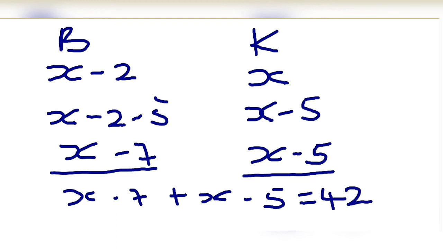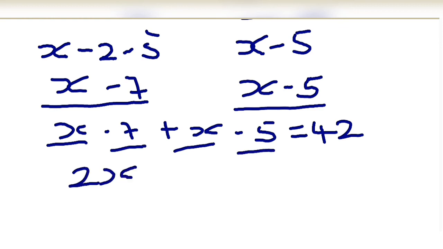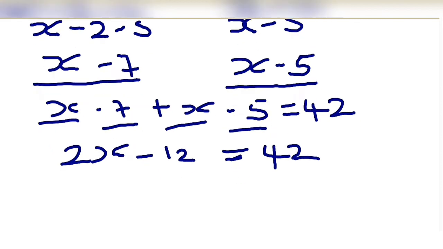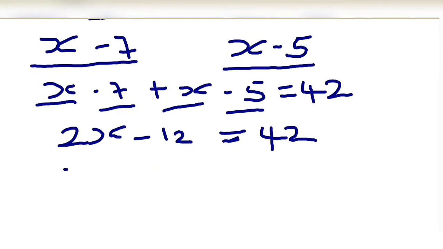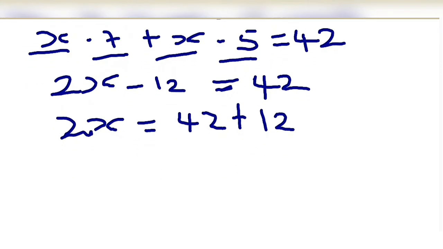And when we collect like terms, x will add x to get 2x. Negative 7 will add negative 5 to get negative 12, equals 42. So when we make negative 12 cross the equal sign, we remain with 2x equals 42 plus 12, and 42 plus 12 is the same as 54, so it will give us 54.